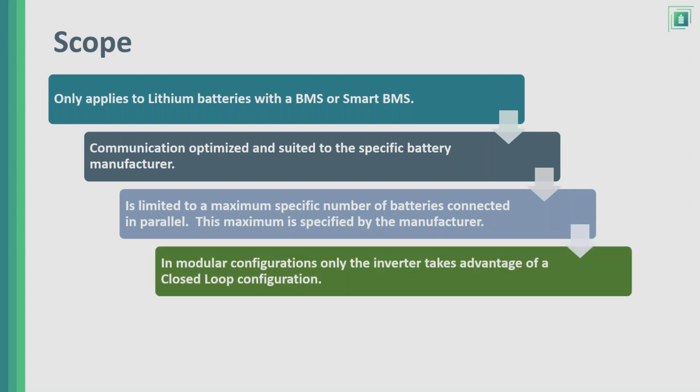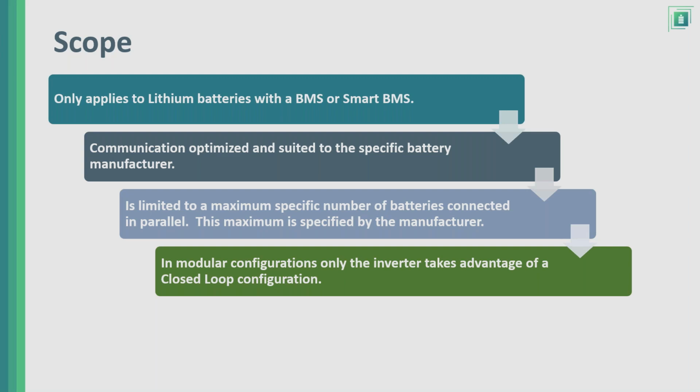In previous configurations, where the systems were modular, meaning that we had an inverter, we had a charge controller, and we had many other pieces of equipment being part of a whole system, but they were all modular, when we were able to achieve closed loop communications, the information was being sent from the battery, or the smart BMS, to the inverter.